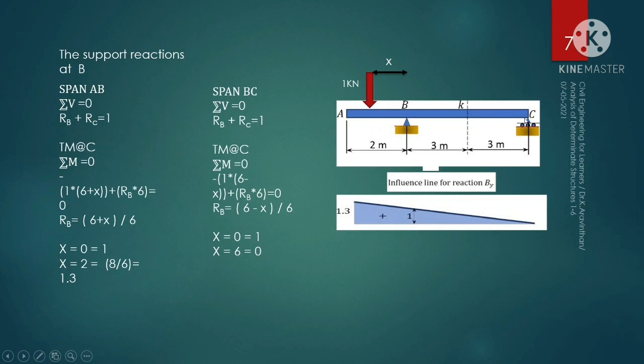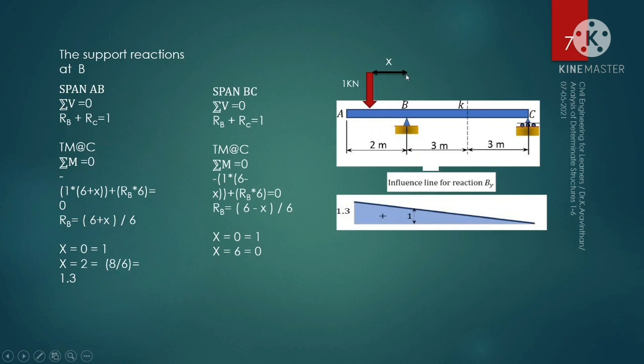How to find this distance? This is 6 meter, this is x, so 6 plus x, 1 into 6 plus x, so this will be anti-clockwise, 1 into 6 plus x equal to 0. If I need RB, RB equal to 6 plus x by 6.